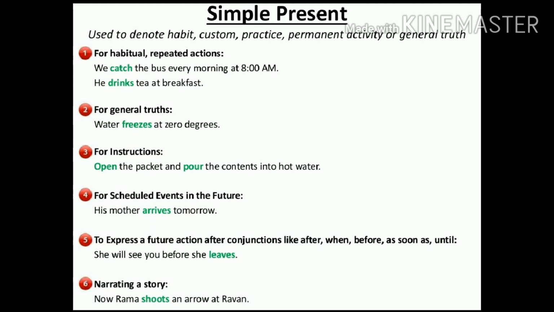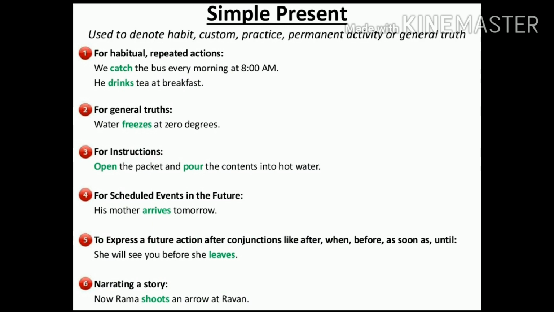Now these bullet points in red colors give you an example as to how you can use simple present tense to convey these qualities or these actions. The first one, for habitual and repeated action, example is, we catch the bus every morning at 8 a.m. He drinks tea at breakfast.